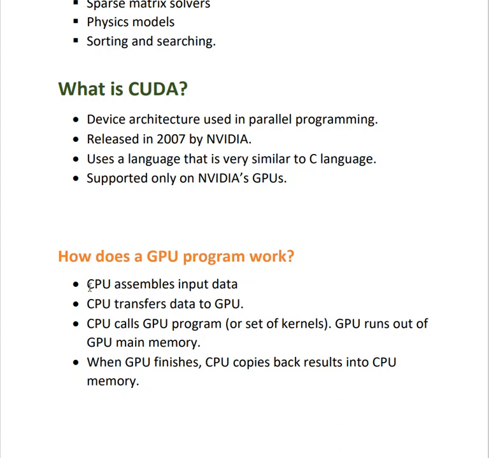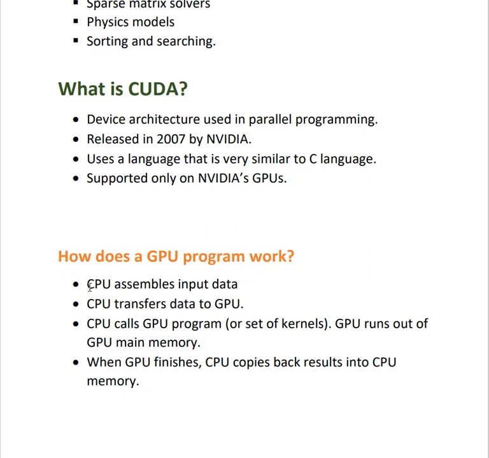When we code a program, the CPU takes the input data and transfers it to the GPU. The GPU can't directly access the input data from the program, so it needs the support of the CPU to do this task.